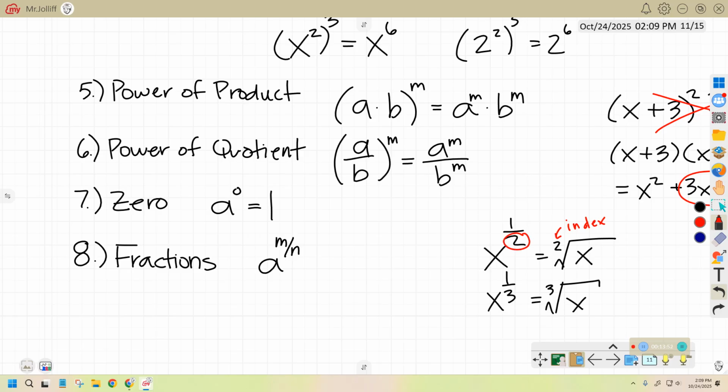That's true over here for our general rule. So I know that this is going to equal the nth root of a. What happens to the numerator of that exponent? It stays with the base. So the bottom of the fraction becomes the index of the root. The top of the fraction stays with the base.